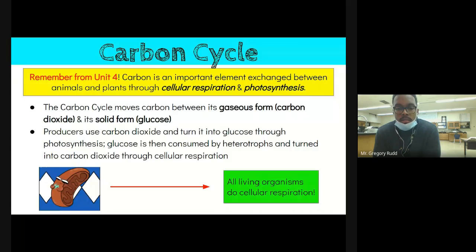So both processes involve carbon, but they involve carbon in slightly different forms. Just like water can come in different forms, water can be a vapor, it could be a liquid, or it could be a solid, ice. Carbon also can appear in these different forms under different conditions. So the carbon cycle is responsible for taking carbon from one form and returning it into another.